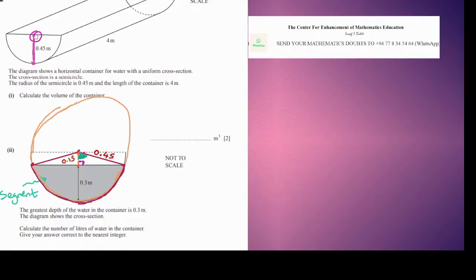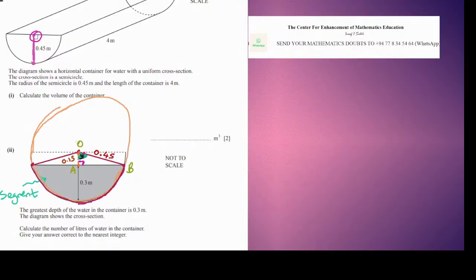How do we find that? We can apply trigonometry to the triangle. Let me label the triangle. Let's call this center O, so triangle OAB. So let's apply trigonometry to triangle OAB. And let me call this angle as angle Y here.